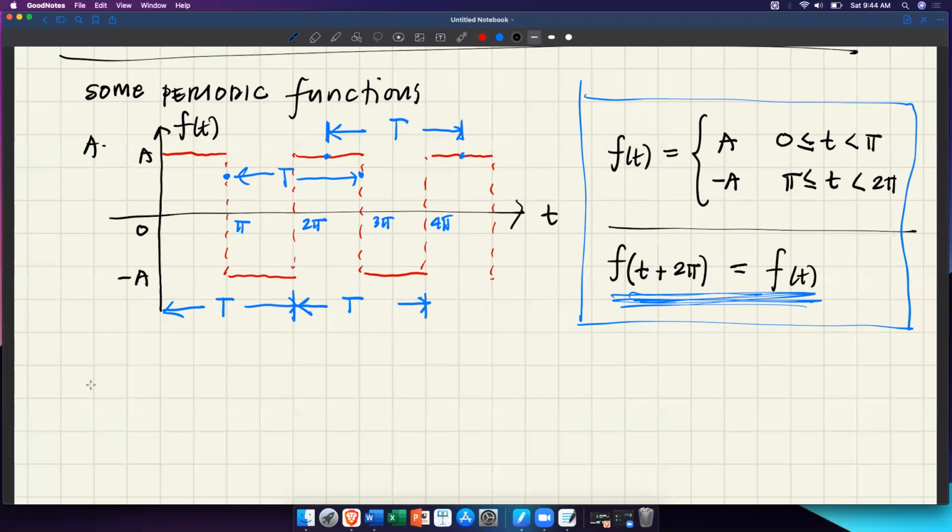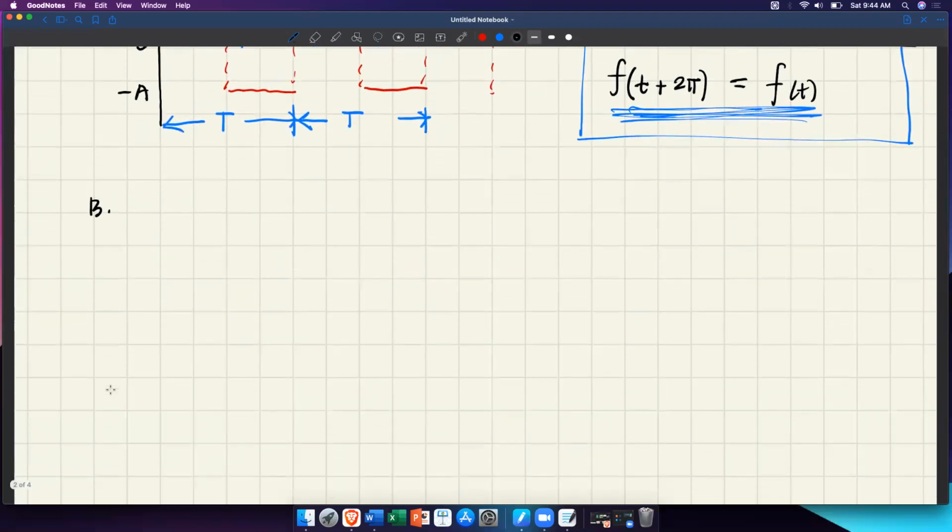Let's try another type of function. Let's try a rectangular wave. So I will draw a rectangular wave here. Forgive my sketch. Now this is a rectangular waveform.